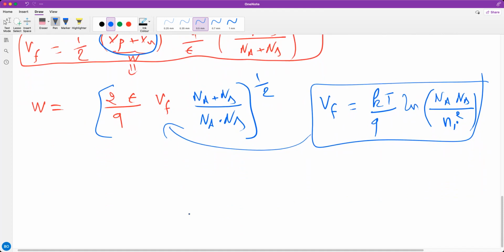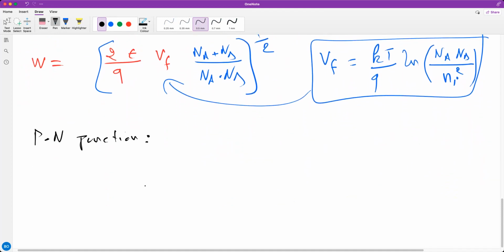Now, what did I calculate for the PN junction? I just want to summarize so that you don't lose track. For the PN junction, we calculated the depletion region. Of course, you will have NA, the number of acceptors in the P side, and ND, the number of donors in the N type.